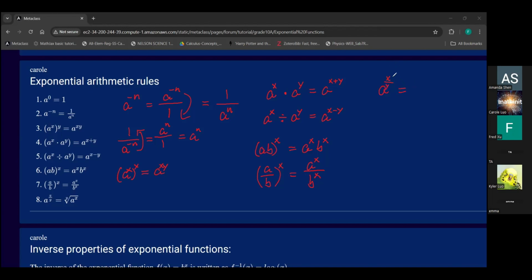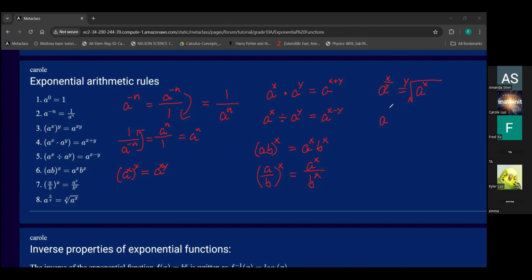You take the numerator of the exponent, x, and place it as the exponent on a, and then the root sign, and you put the denominator here. So the numerator is always the exponent, the y is always the root.